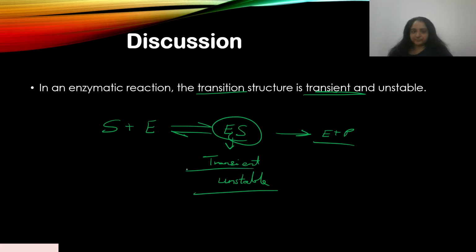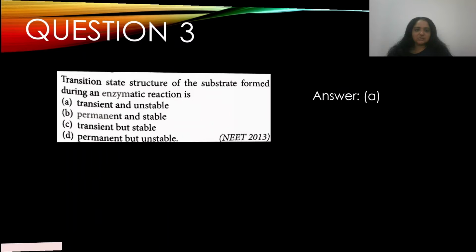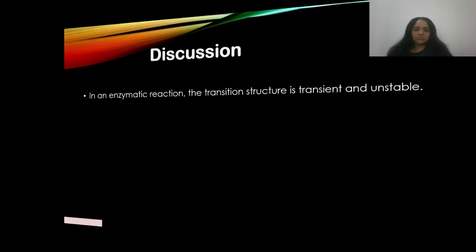It's unstable because it will either break down to form the product and the enzyme, or, if it's a reversible reaction, it will break down again into substrate and enzyme. So it is a transient and an unstable structure. Pretty simple to understand, but just remember the nature of this transition structure. I guess we've answered the question. Let's move on then.